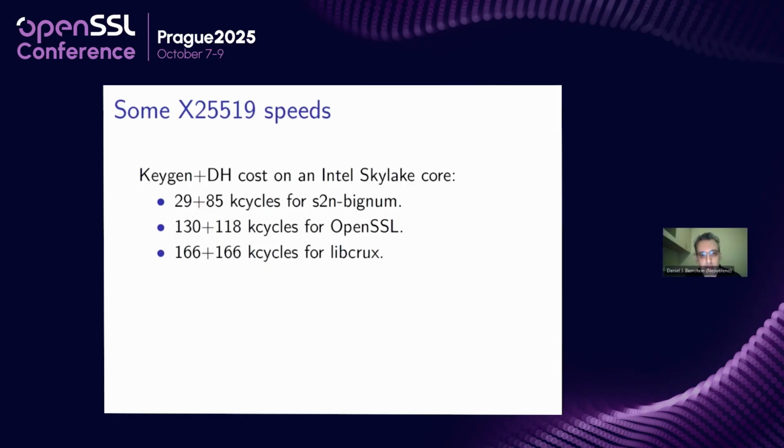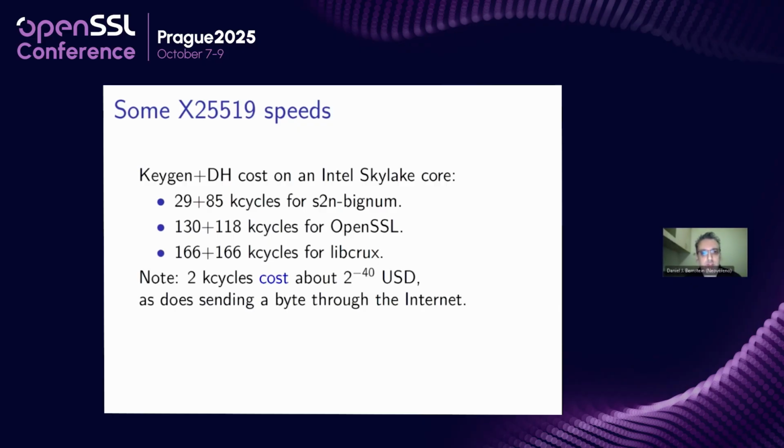Does this difference matter? Well, that's something you can quantify. You can say, all right, let's translate the kilocycles here into, well, 1 kilocycle is about half a picodollar if you're buying your own hardware, paying for the electricity. Of course, it's a little more if you're using cloud services. And then you can say, all right, how many X25519 computations are we doing?